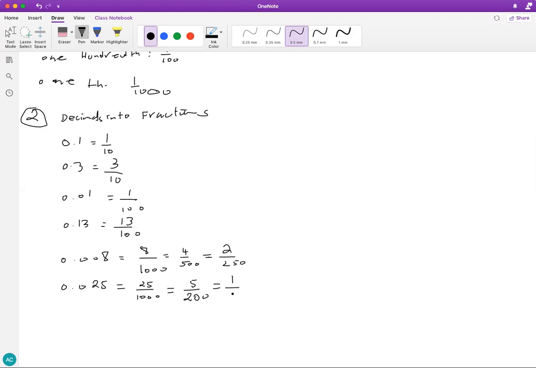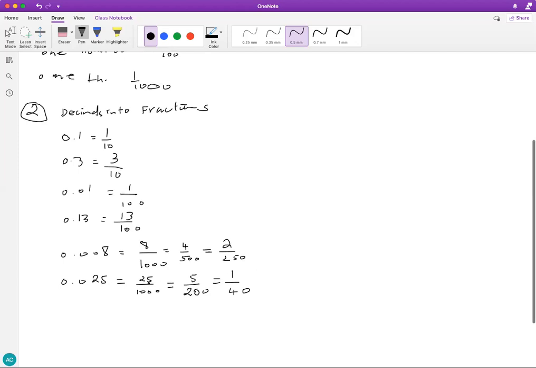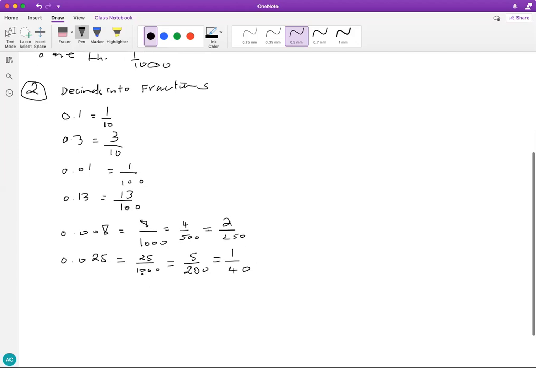What's 200 divided by 5? 40. That's right. So this is much better than this. The question may say, write this decimal in fraction form and then reduce it to the lowest terms. This is what that means, reduce it or simplify it. So this is a better answer.